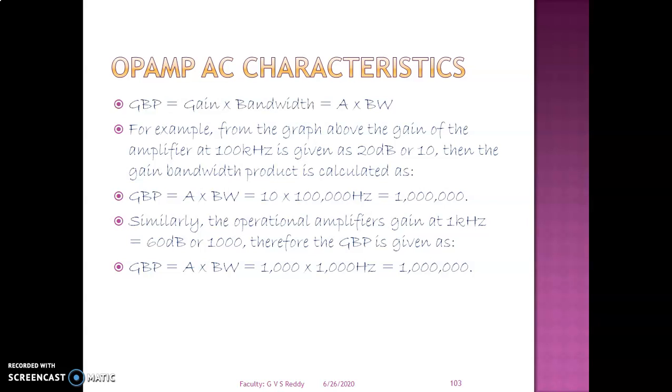Then the gain bandwidth product equals open loop gain A into bandwidth, that is 10 into 1 lakh hertz, which is equal to 10 lakhs. Similarly, the operational amplifier gain at 1 kilohertz is 60 decibels, or 1000. Therefore, the gain bandwidth product is A into bandwidth, that is 1000 multiplied by 1000 hertz, which is again 10 lakhs.